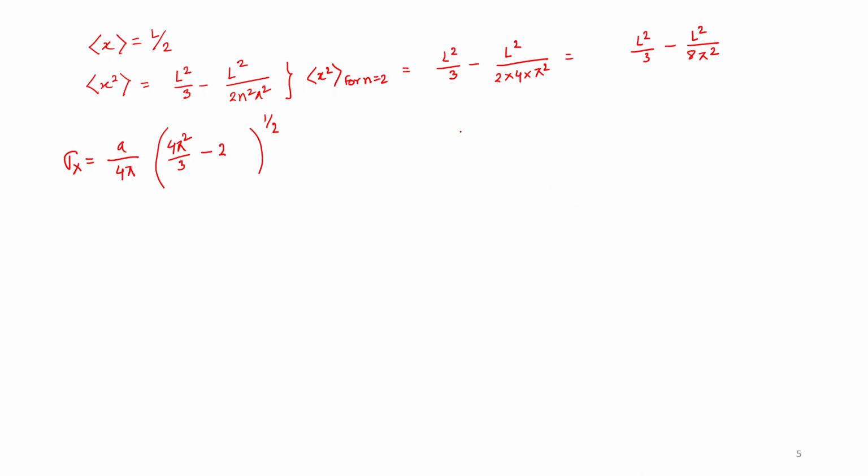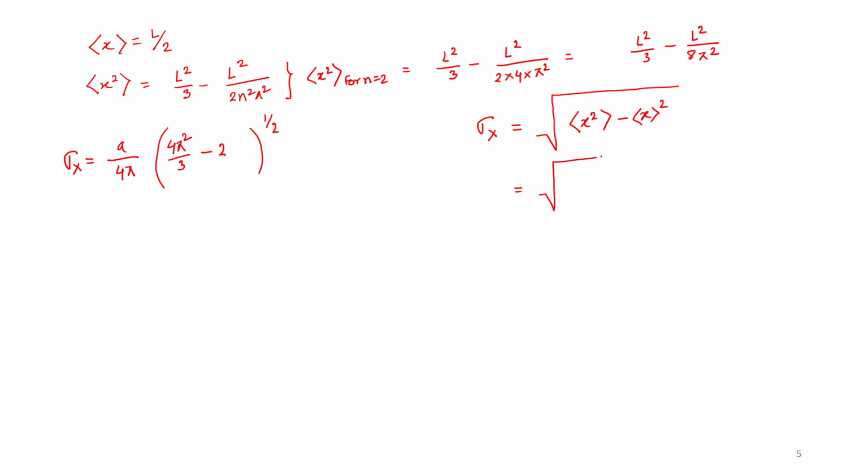Let's see if we are getting it, because I told you that sigma x is going to be root over x square minus x whole square. I hope so. It could be the other way around also.